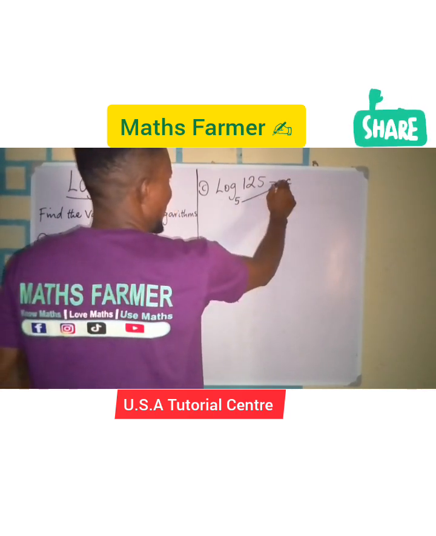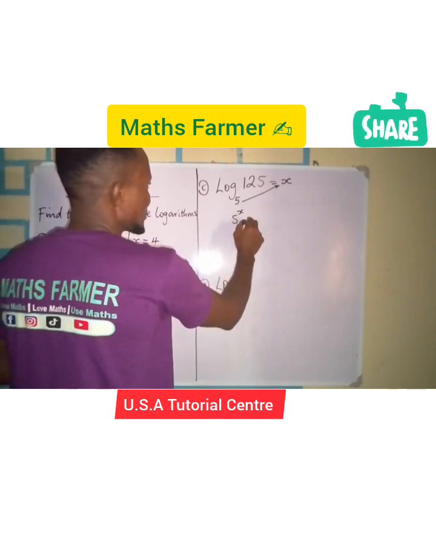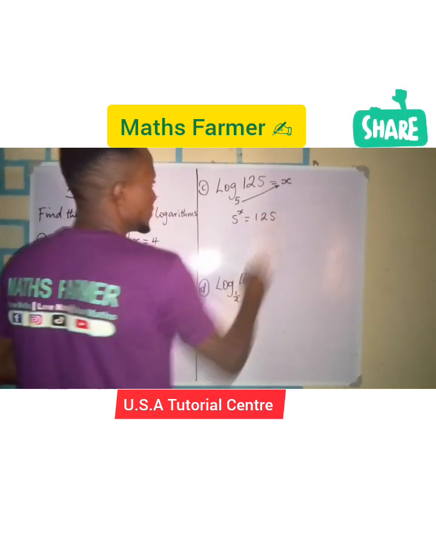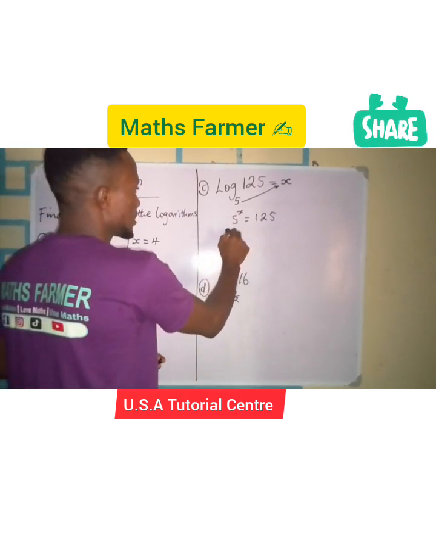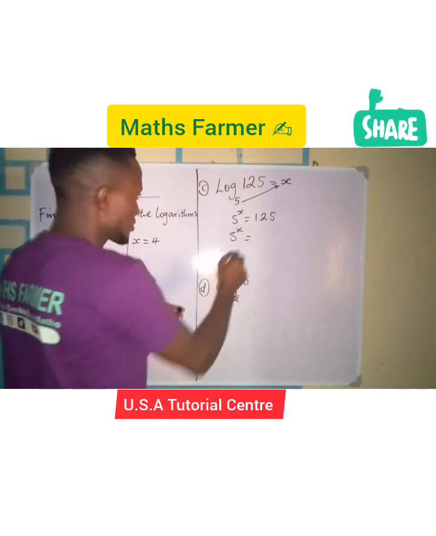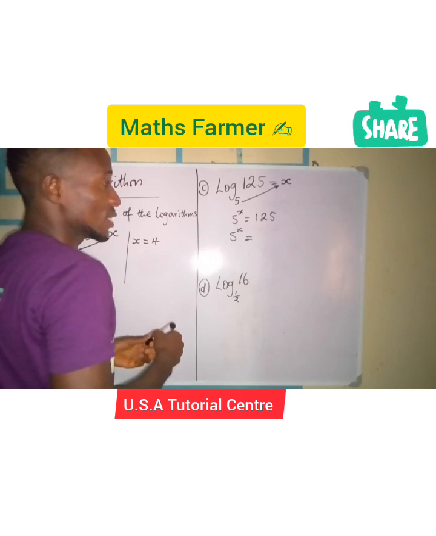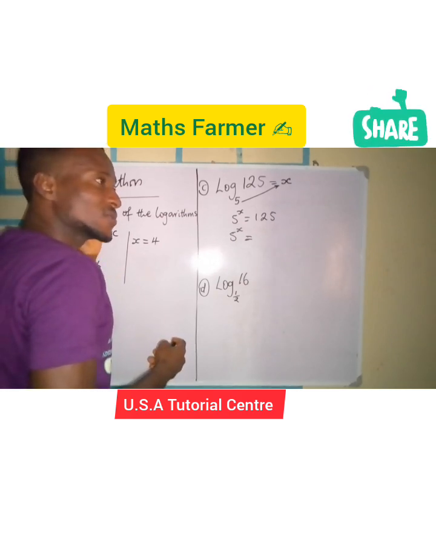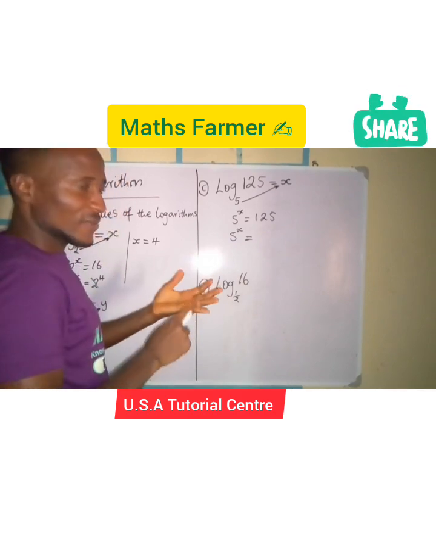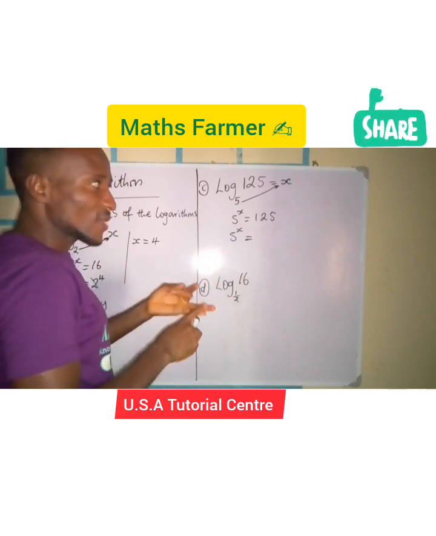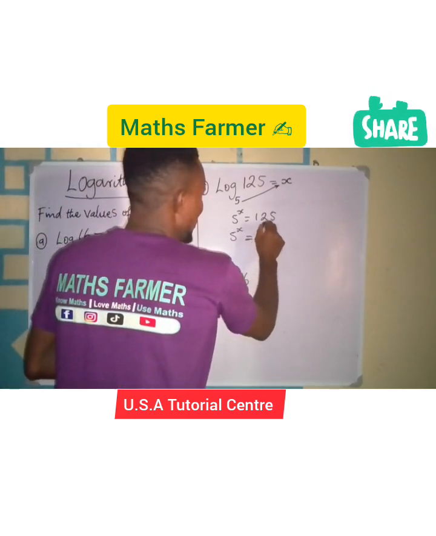So my arrow goes as usual, which is something like 5 raised to the power of x is equal to 125. 5 is already in its lowest form, so you cannot break it down further. Then ask yourself, how many times do you multiply 5 to give us 125? Which is 5 times 5, that is 25, and 25 times 5 is 125. That is 5 raised to the power of 3.